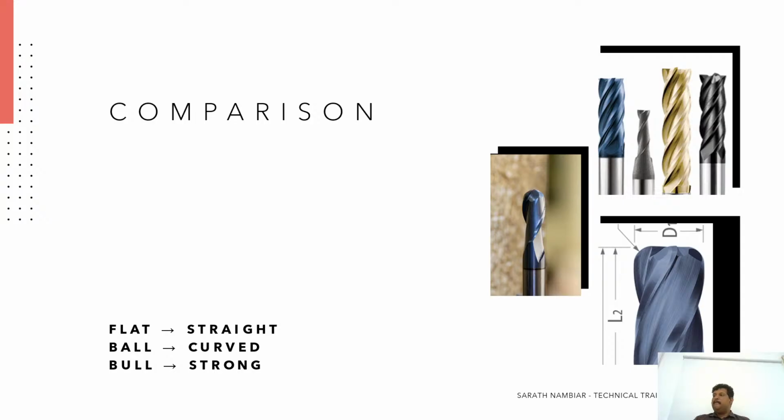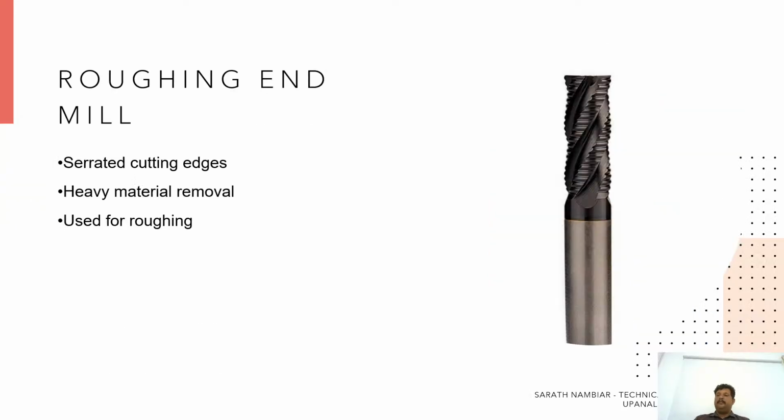Next, the roughing end mill. What is a roughing end mill? Now this is slightly different. How is it different? If you look closely at the image, it has serrated edges, not smooth like the others. Why? Because this tool is used for heavy cutting in the initial stage of machining. When you have a lot of material to remove, we don't care about the finish. We care about speed.